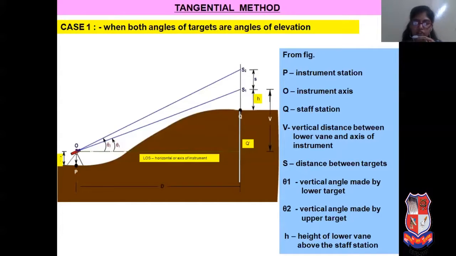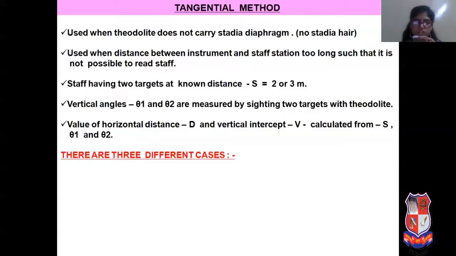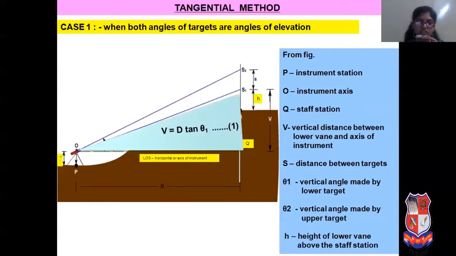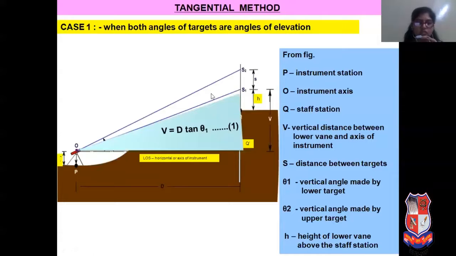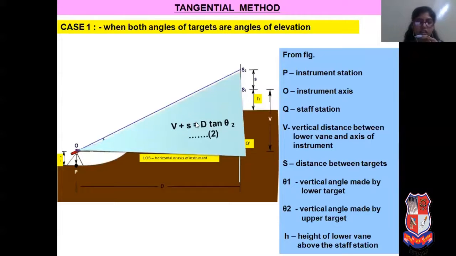Small h is the height of the lower band above the staff station. As we are seeing here, from this triangle we can write that V = D tan theta 1, where theta 1 is the angle made from this small triangle. As well, we can write for this bigger triangle that V + S = D tan theta 2.